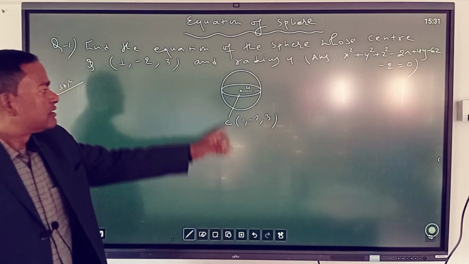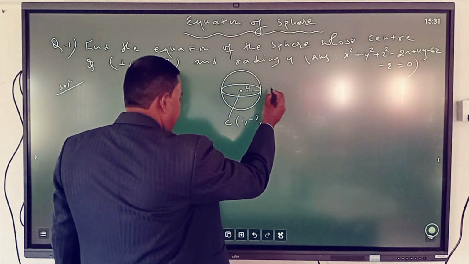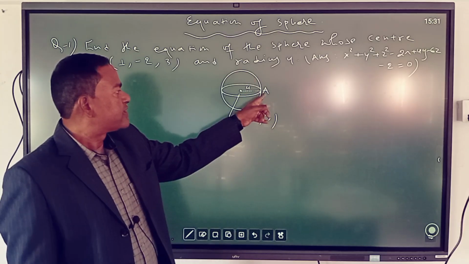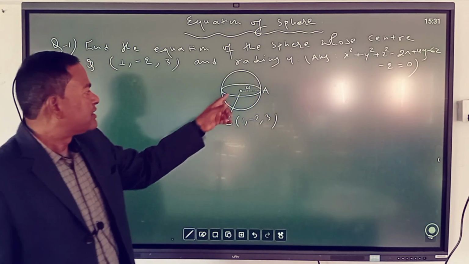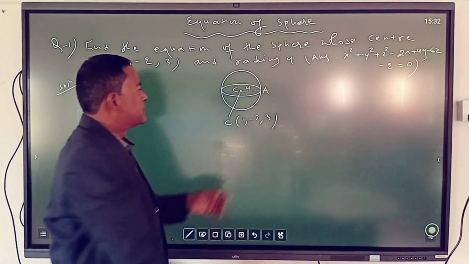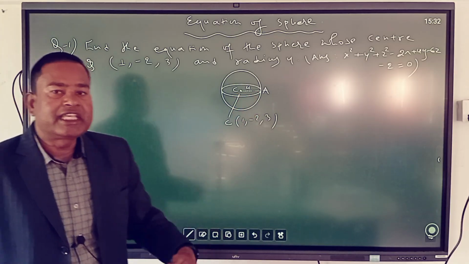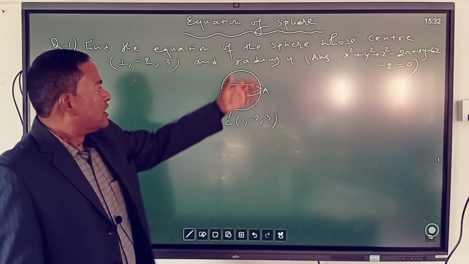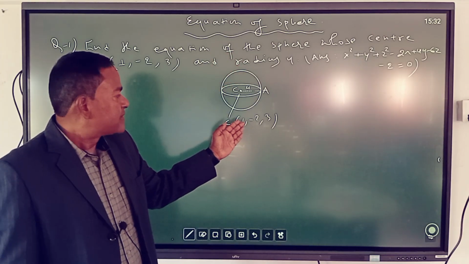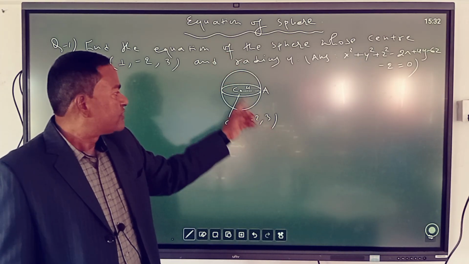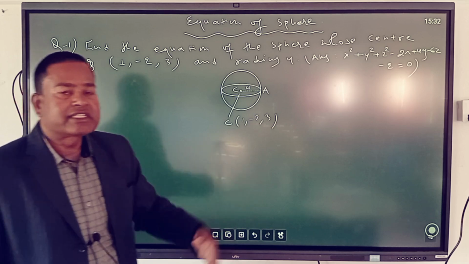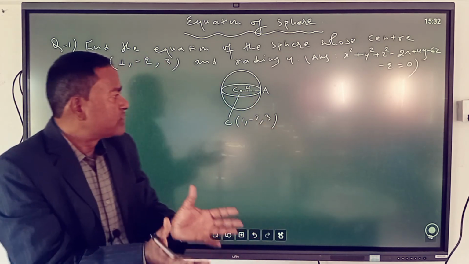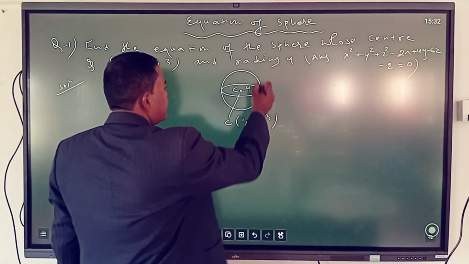Let's suppose any point on the surface of the sphere as A, then CA, or we can say AC, will be the radius of the sphere. So dear student, by taking the center of the sphere 1, minus 2, 3 and taking the radius equal to 4, we have to find the equation of the sphere.